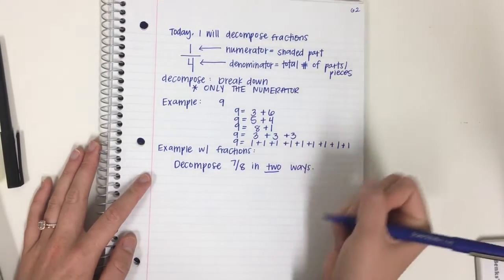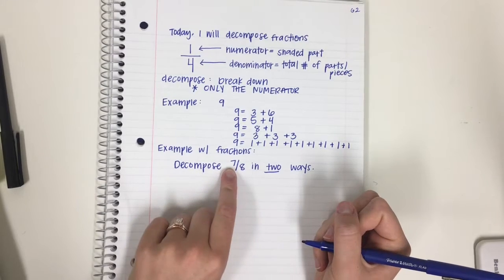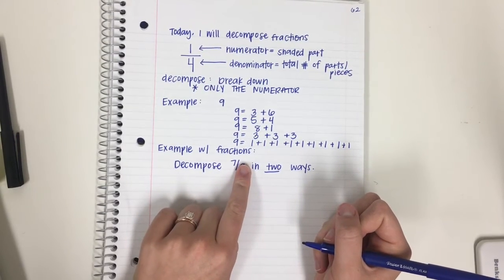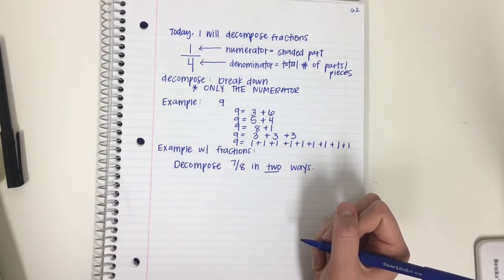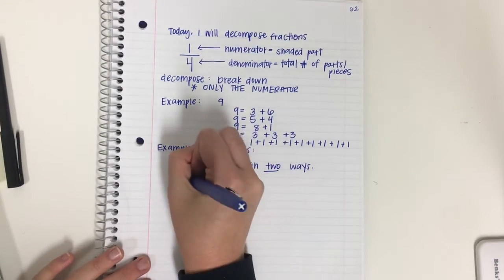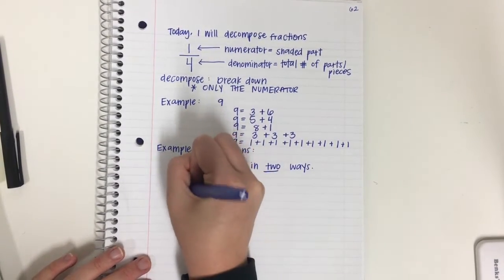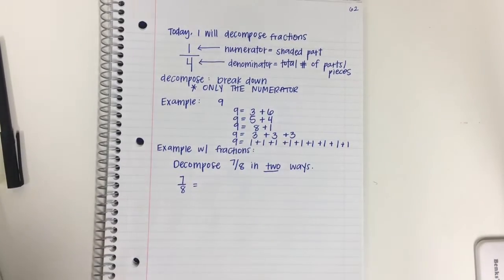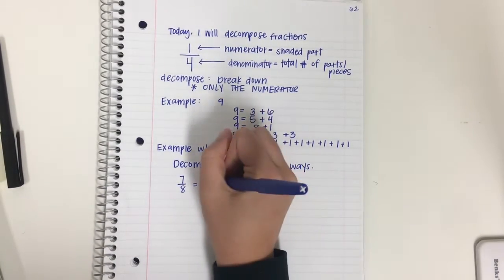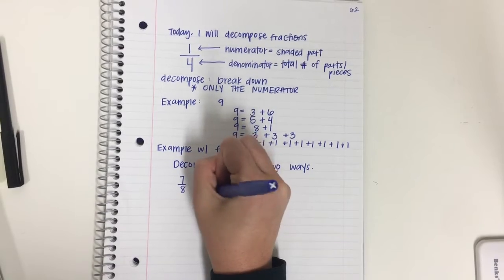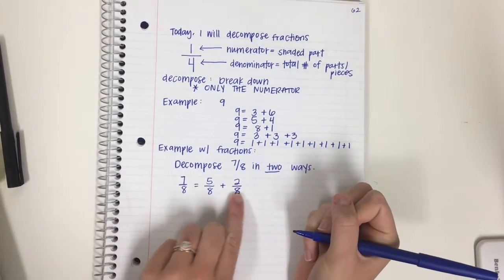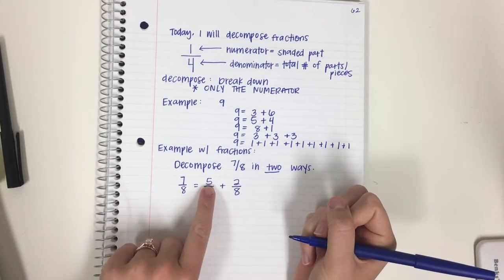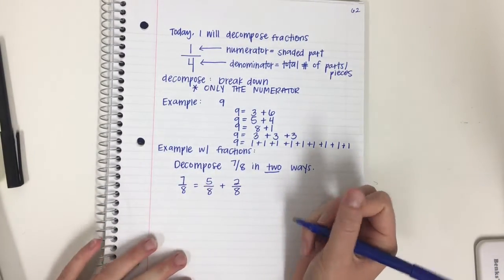I should automatically be thinking, how can I break apart 7? The 8s does not matter. I am decomposing the 7, right? My denominator stays the same. So I could think of 2 ways that I could add up to 7. So I could do 7/8 is equal to, let's do 5 plus 2, right? My denominator stays the same. I'm just breaking apart my numerator. So I could do 5 plus 2.